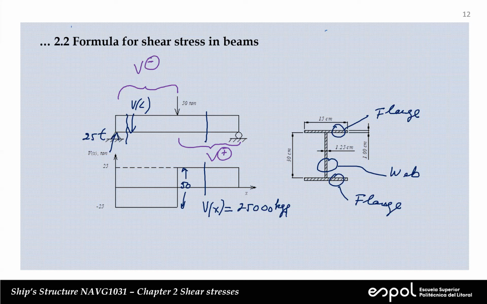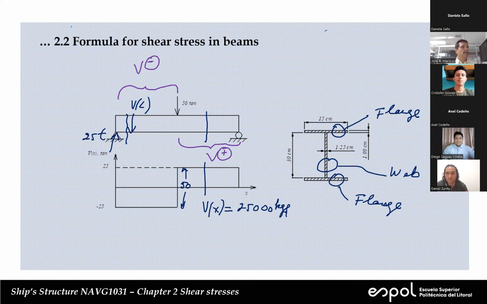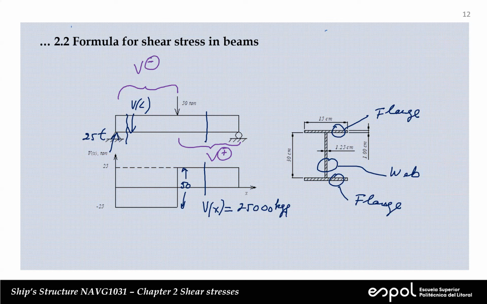And so we were analyzing this I-beam in the last session, okay? One suggestion is that when you do this analysis, you make a clear sketch, so you can see equilibrium.